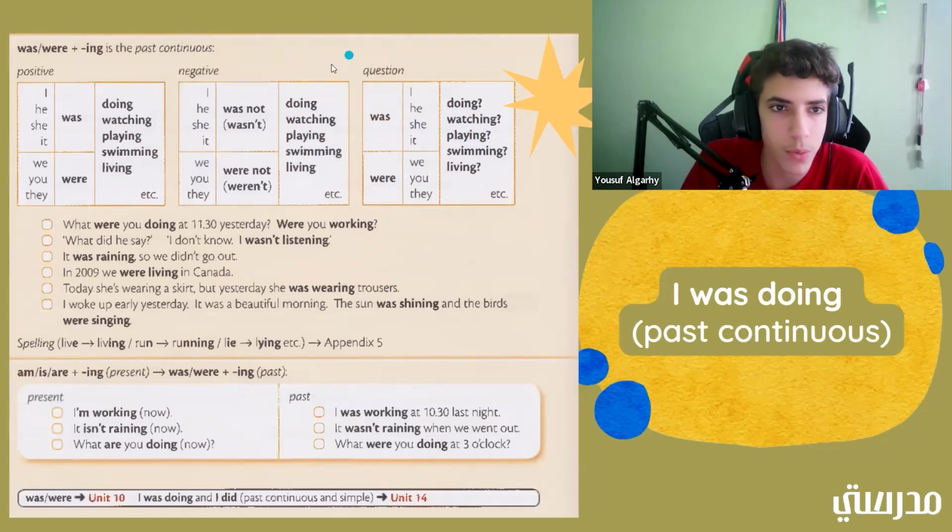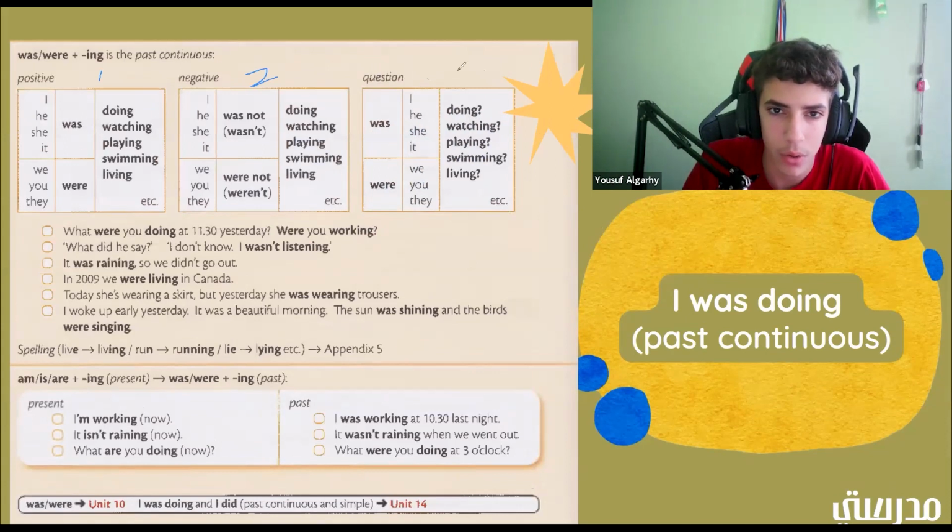So I'm going to make groups. We have group 1, 2, and then group 3 is a question. So we have sentences here. We have, what were you doing at 11:30 yesterday? Is that group 1, 2, or 3? Positive, negative, or question?